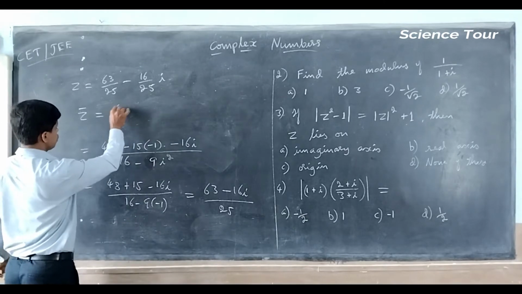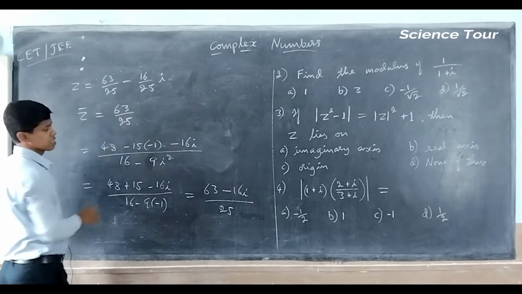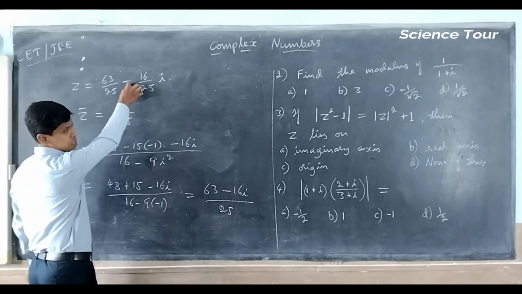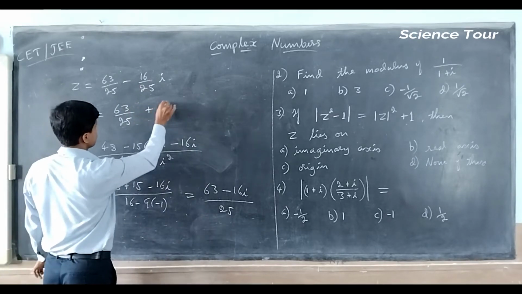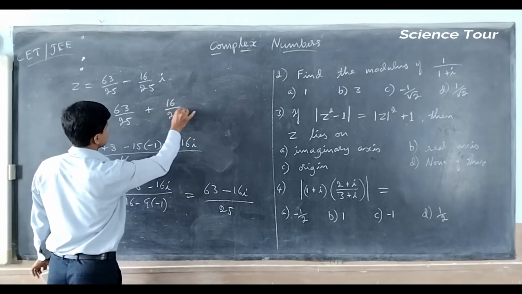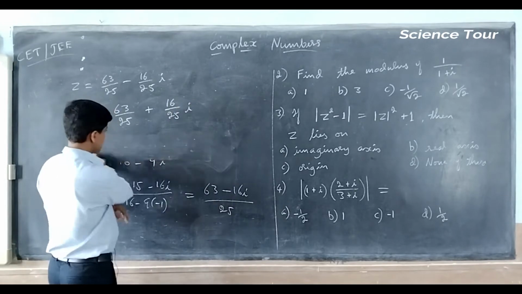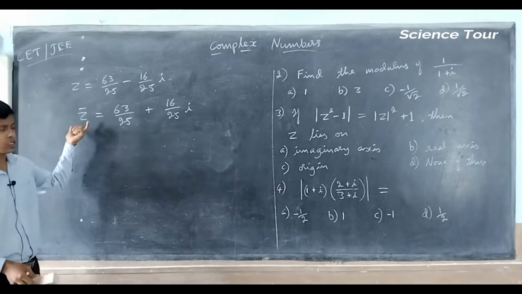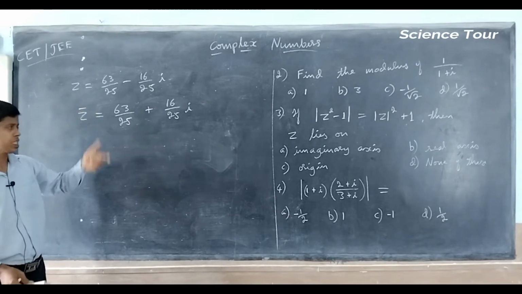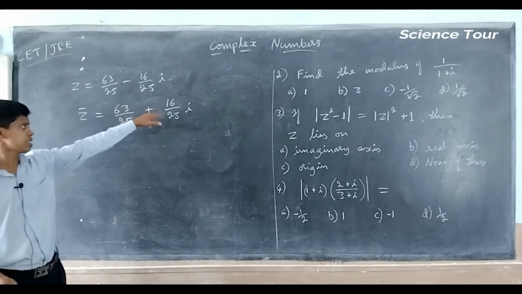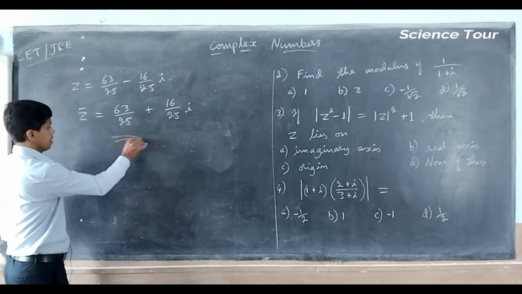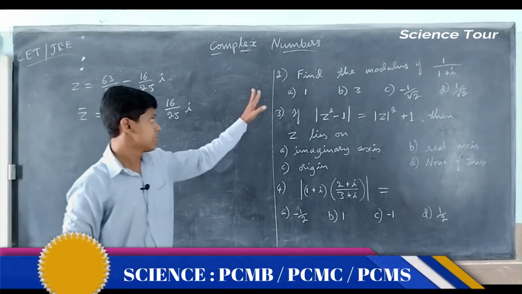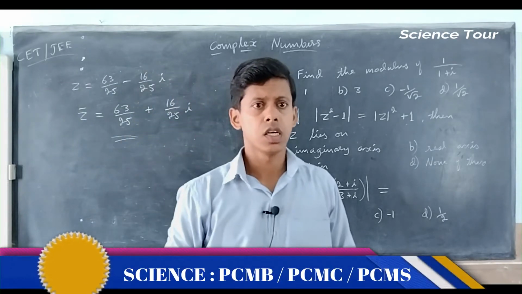So you will end up with 63 by 25 and this negative becomes positive here and 16 by 25i, and that's your final answer. Well, so what is the conjugate of the given expression? 63 by 25 plus 16 by 25i, and that's your answer. Well, let's move to the second question here.